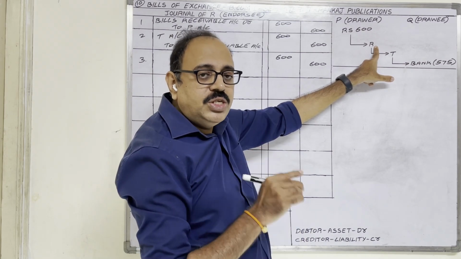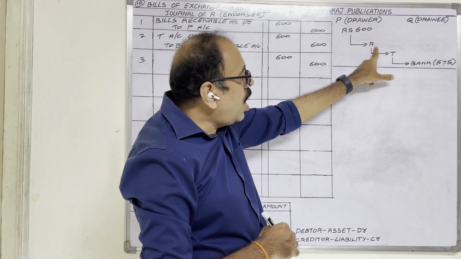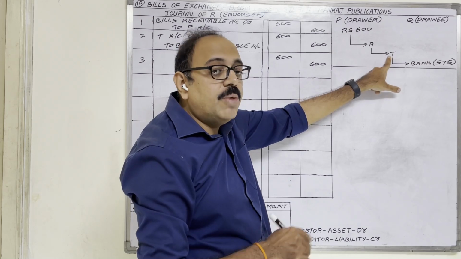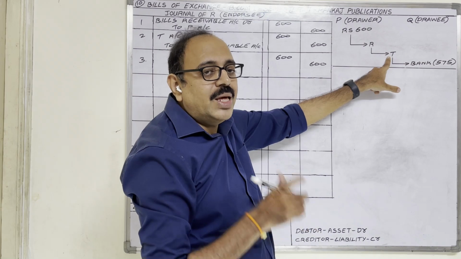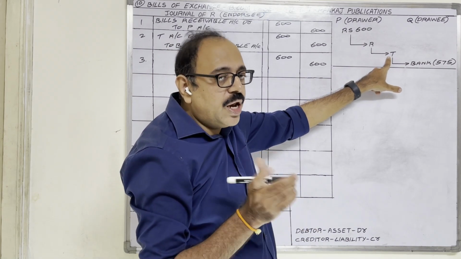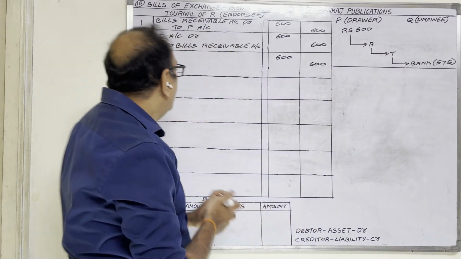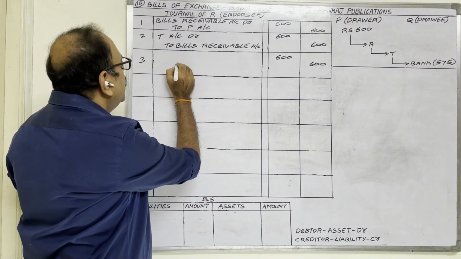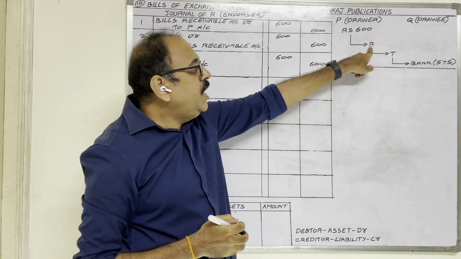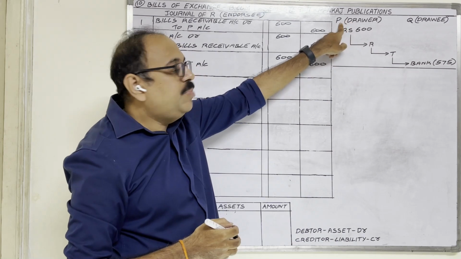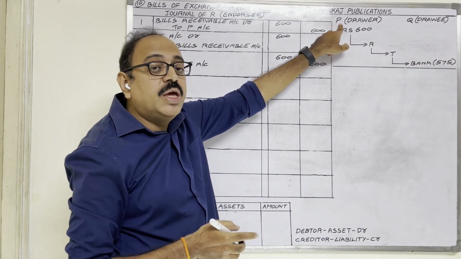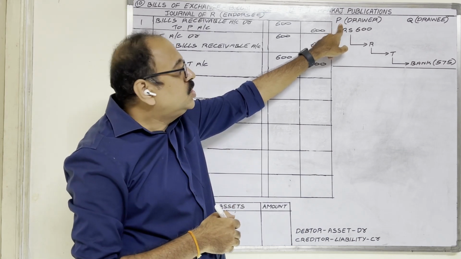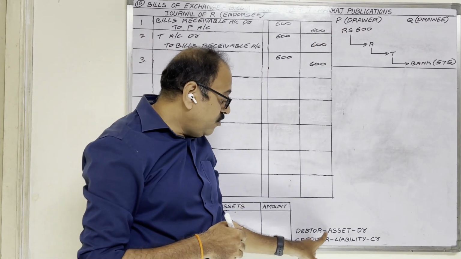Now we are preparing journal of R. So to R, again T is becoming a creditor because R has to pay the money, no? So creditor is a liability, we have to credit liability. Therefore, T account we have to credit. And we demand that 600 from P only, no? So to R, again P is becoming a debtor for 600. So debtor is an asset, we have to debit.